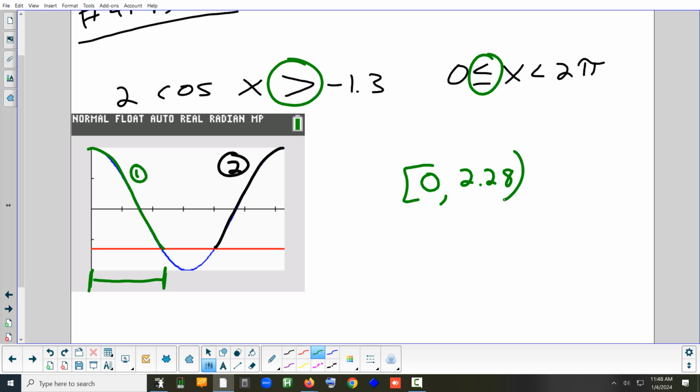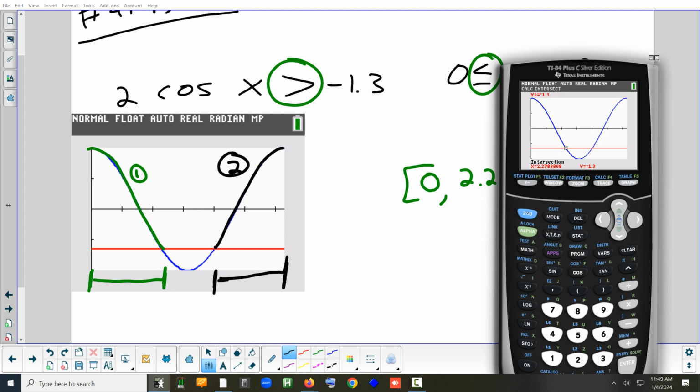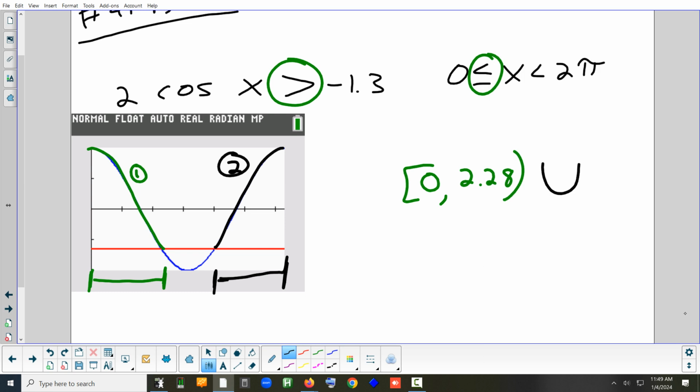And then we have a second section. Now we have to describe from here to here. Okay. What symbol do we use when you have another section? Yep. So or. Now, how are we going to figure out where section 2 starts? We're going to do the intersect again. So second calc, intersect. All right, so we'll get that. It's 4.00. Can I include 4.00 or no?